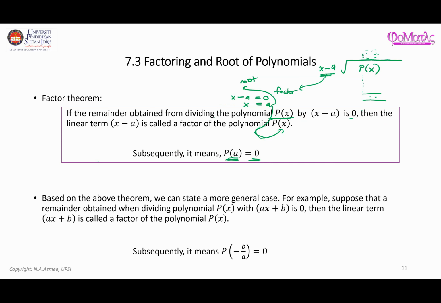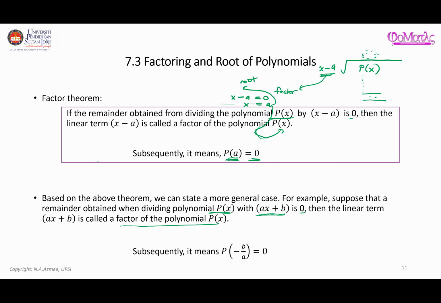Now, based on the above theorem, you can see that if, let's say, you have a polynomial px and you divide that with ax plus b, which is a linear term, therefore, if the remainder is 0, then ax plus b is also termed as a factor of the polynomial px.